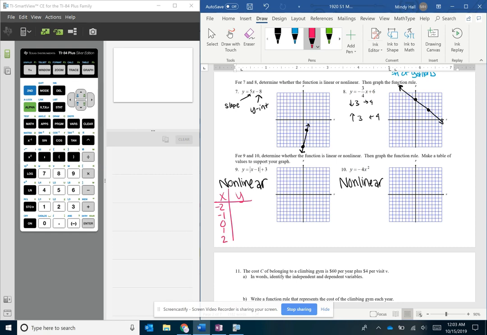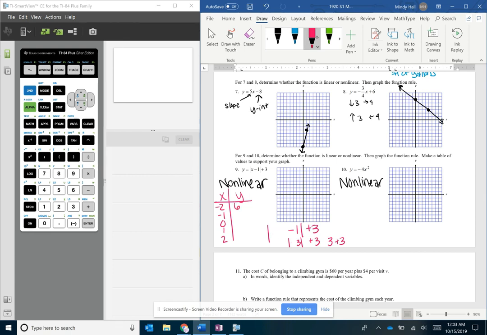But when we plug this in, -2, and actually let me write it down here, negative absolute value of -2 minus 1 plus 3. -2 minus 1 is the absolute value of -3, and the absolute value of -3 is 3. So then 3 plus 3 gives me 6.